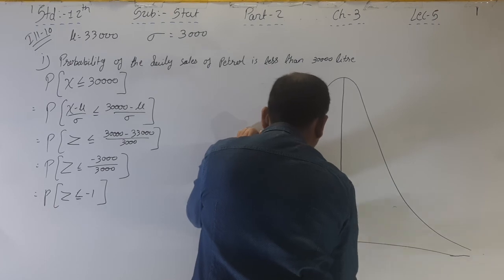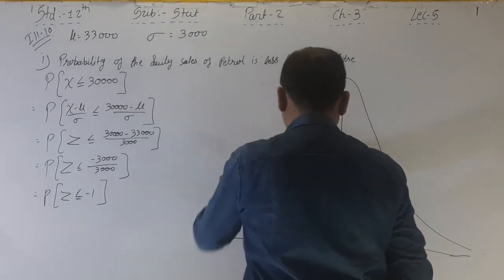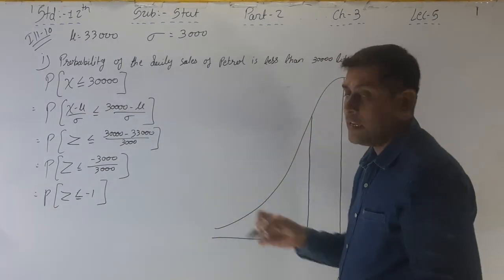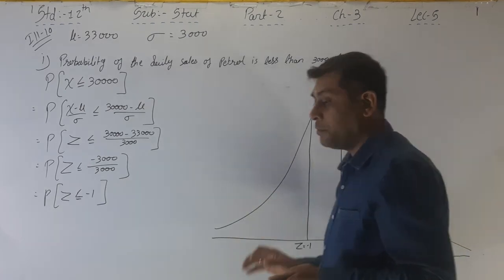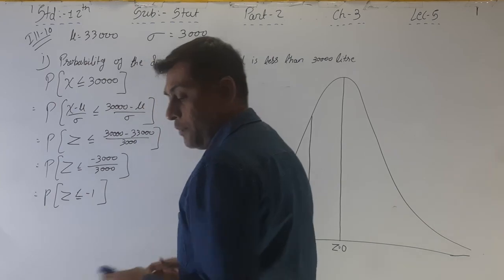Z is equal to minus 1, and here the area lies on this side of the minus 1.